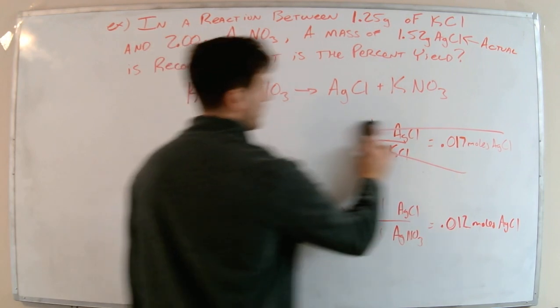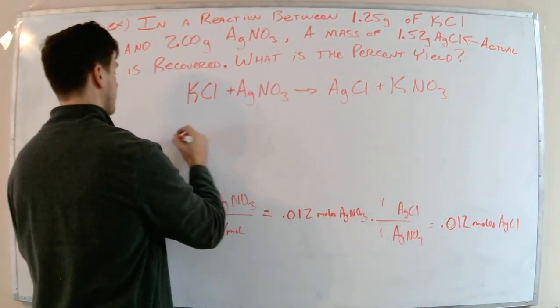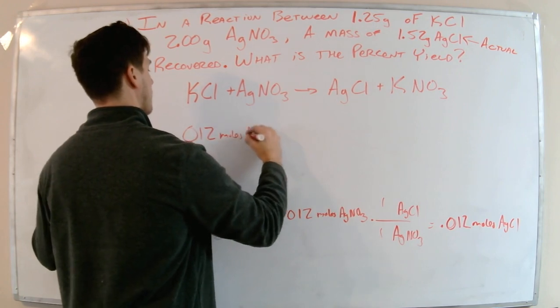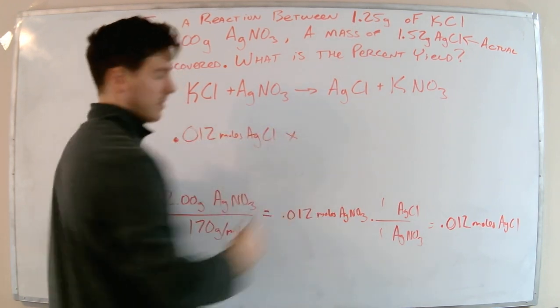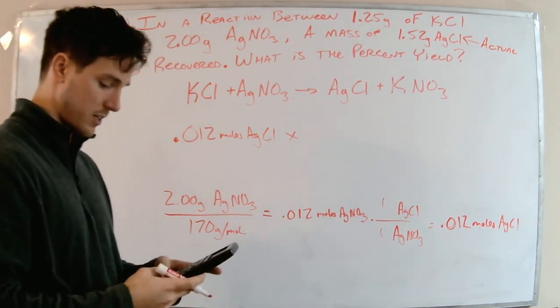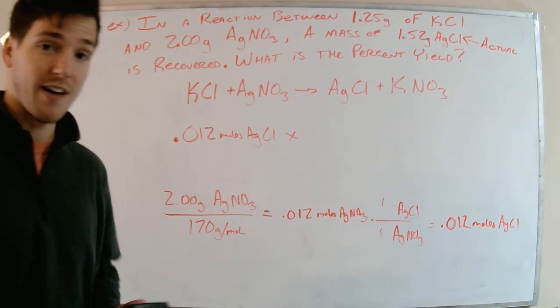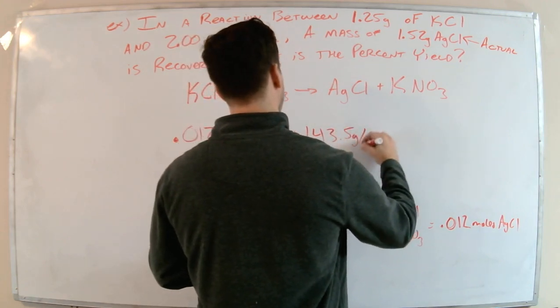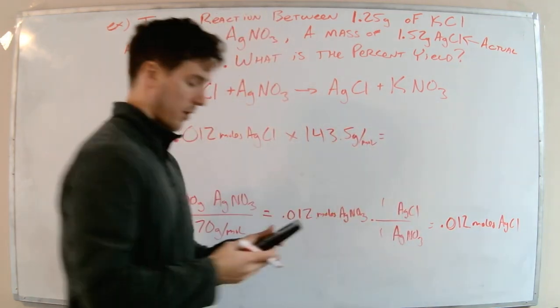So let's go ahead and erase this, and let's convert that to grams now. Well, I gotta multiply it by the molar mass of AgCl. Again, Ag is 108, chlorine is 35.5, for a total molar mass of 143.5 grams per mole.